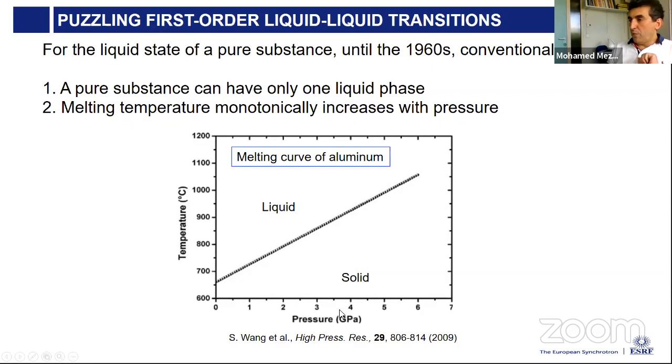So if you look, for example, at the phase diagram of aluminum, you have a melting line that separates the solid from the liquid, and there is only a continuous variation. Also, the melting temperature monotonically increases with pressure. That's why at this time they called it probably the most boring state of matter.